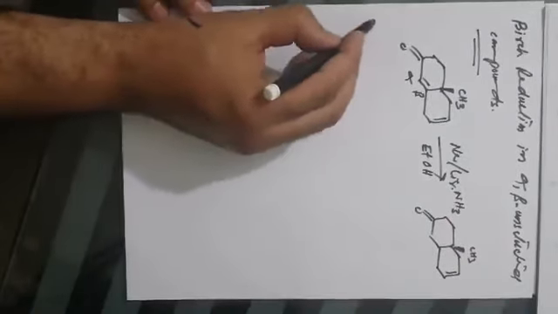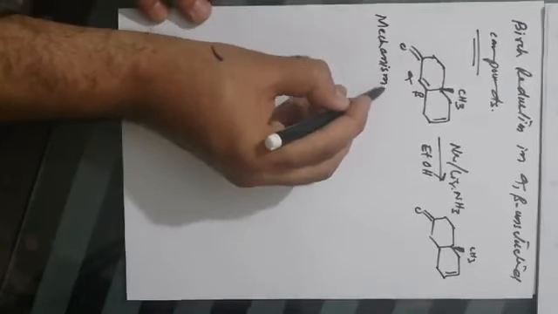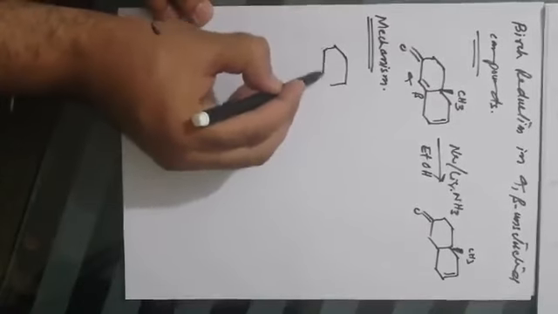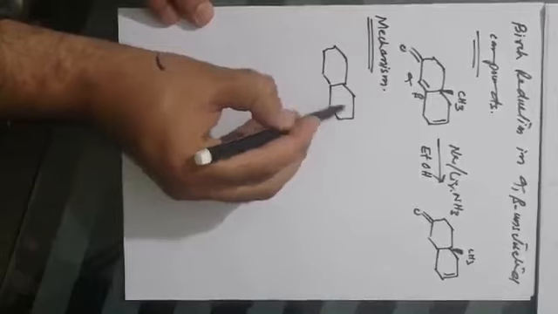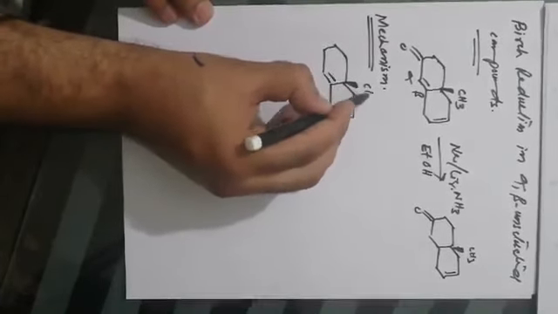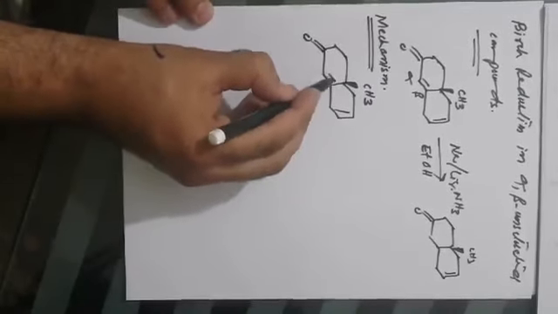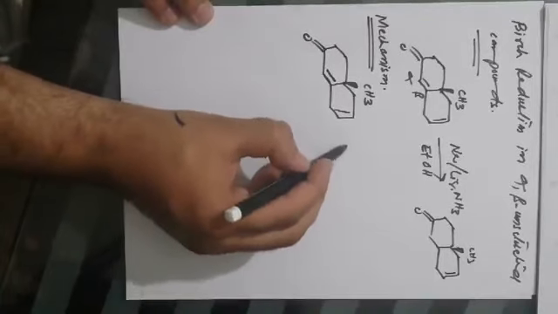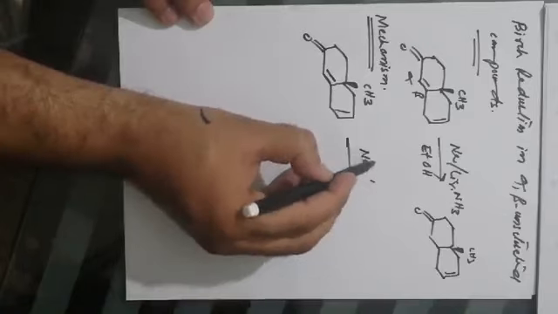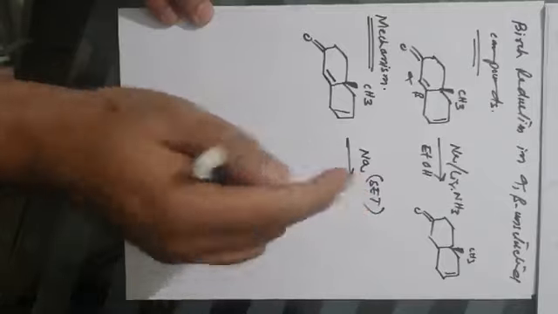Now, what is the mechanism? In the first step, SET is involved, that is, single electron transfer occurs.